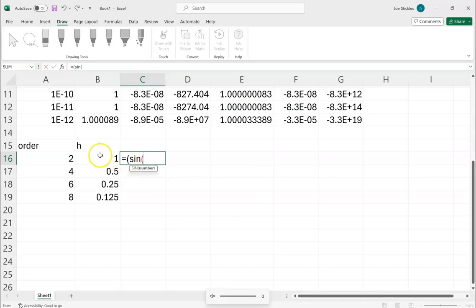So it's just sine of the h value. And then minus sine of negative the h value. And then divide that by 2 times the h value. Sine of the h value minus sine of negative the h value divided by 2 times the h value.